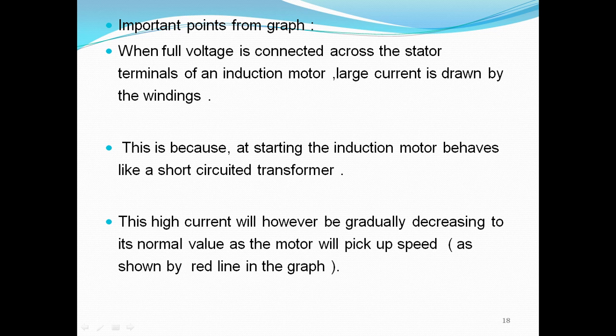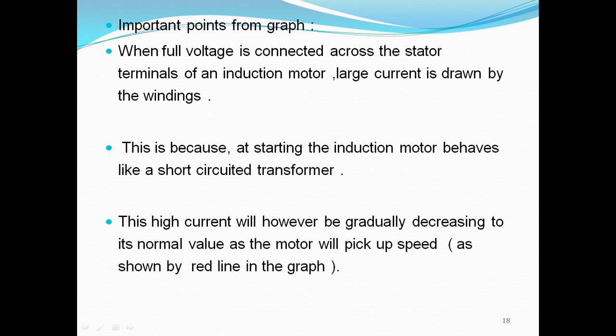But such a large current flowing through the motor winding will cause a large voltage drop in the supply system. And not only the large voltage drop, other machines connected to the same supply will be affected.